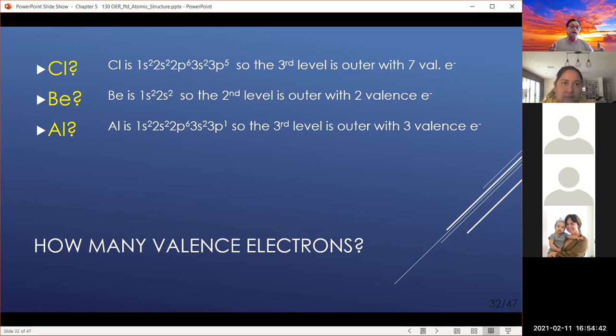Now, once it loses electrons, can anybody tell me, based on the electronic configuration, what is its final charge? Well, how many valence electrons does aluminum have? What group is it in?